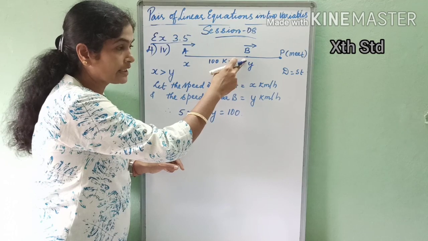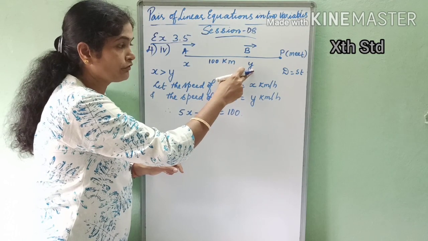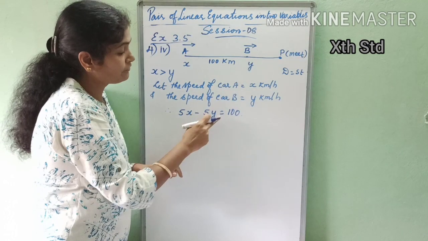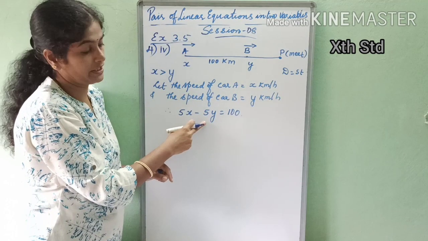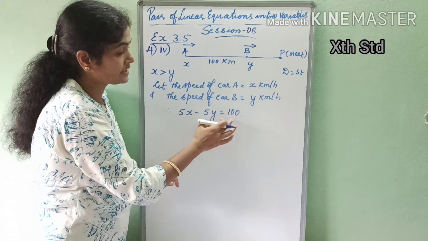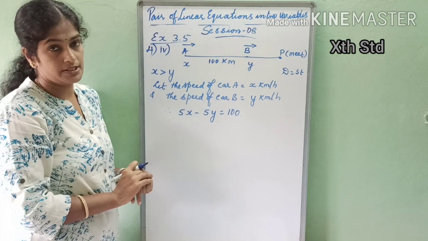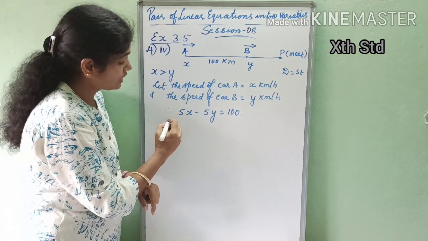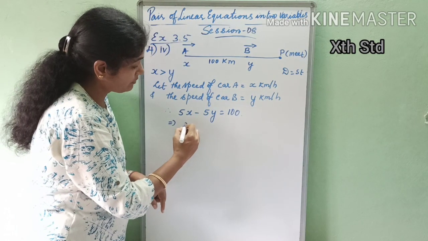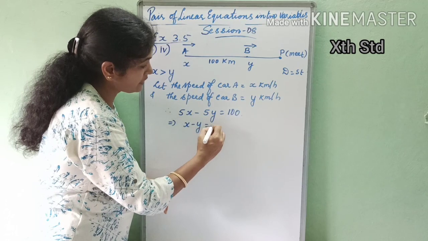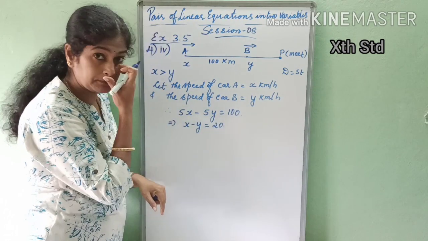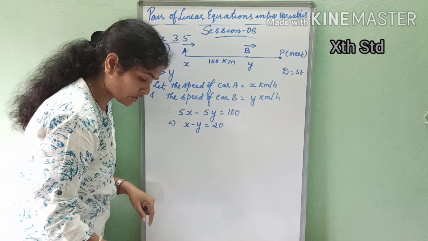Distance travelled by car B with a speed of y in 5 hours is 5y. The difference between their distances is 100 kilometers. This is one equation. If you take 5 common, it becomes x minus y is equal to 20. This is the first equation.